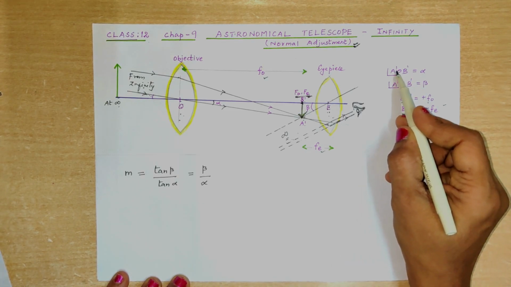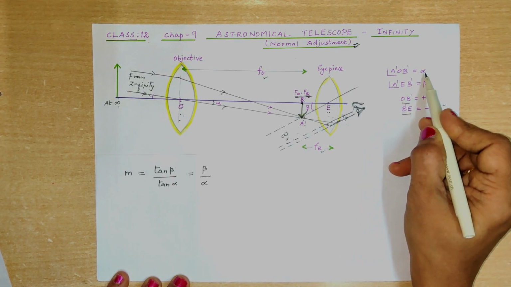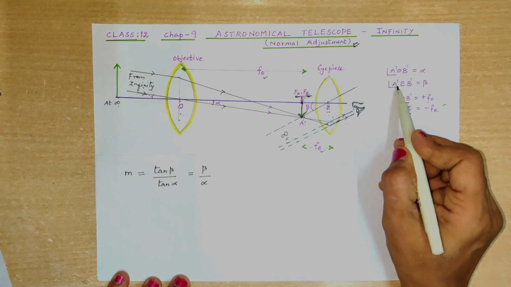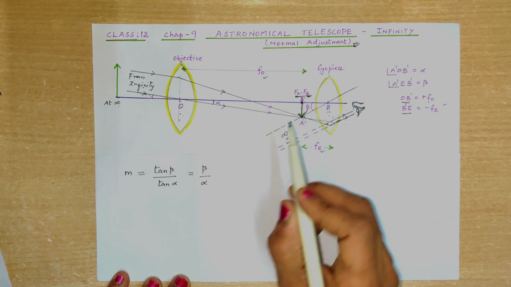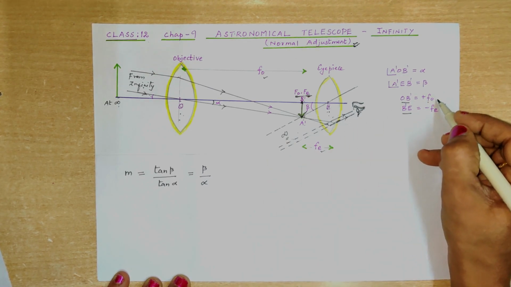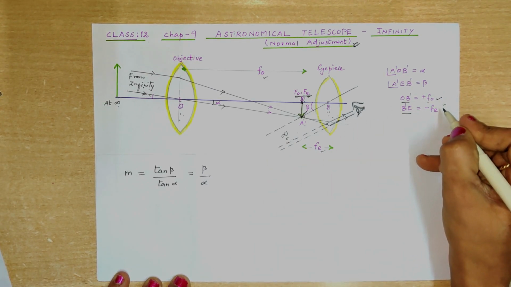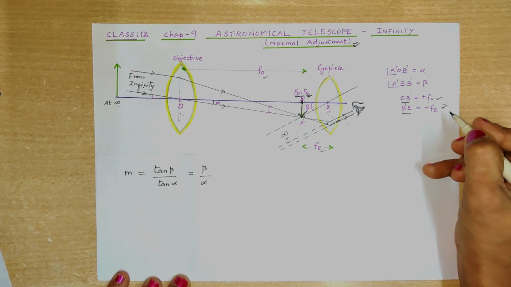You can see here A dash O B dash is equal to alpha, which is labeled here, and A dash E B dash is equal to beta, which is also labeled here, and you can also write here the positions of the objective focal length and the eyepiece focal length.